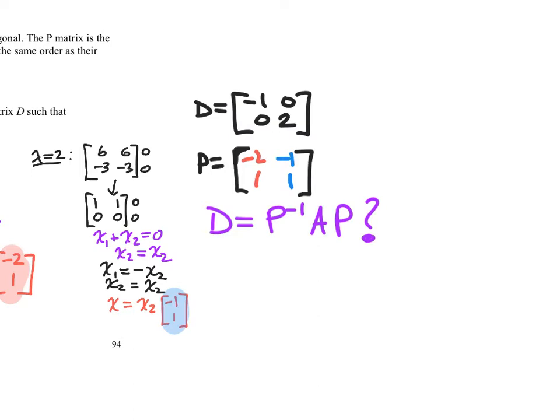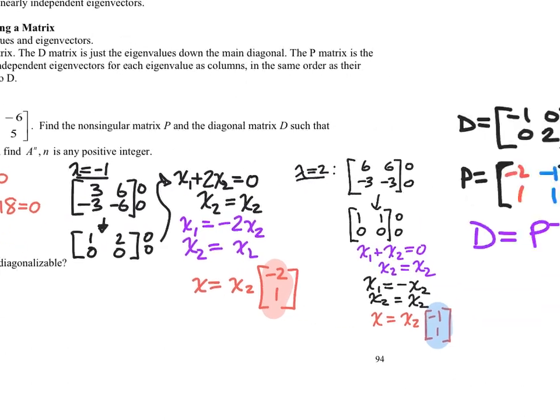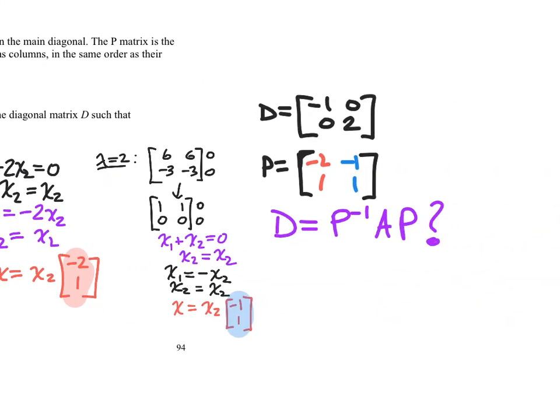So I'll make matrix A, which is negative 4, negative 6, 3, 5. All right, so that one's good. Then matrix B, I'll make P. That came out wrong.